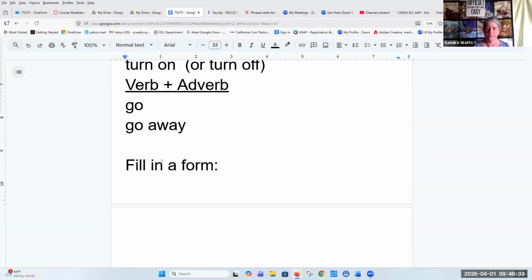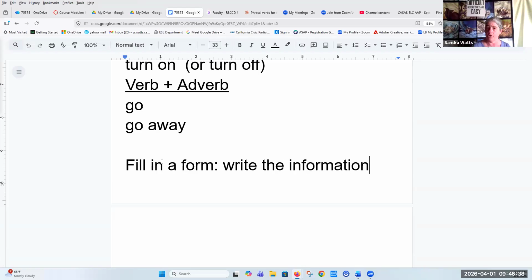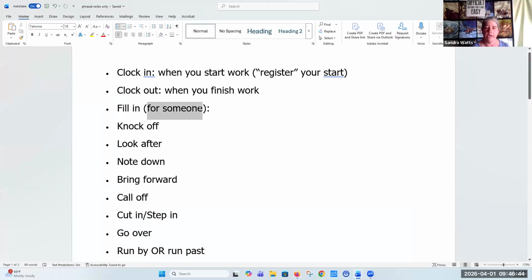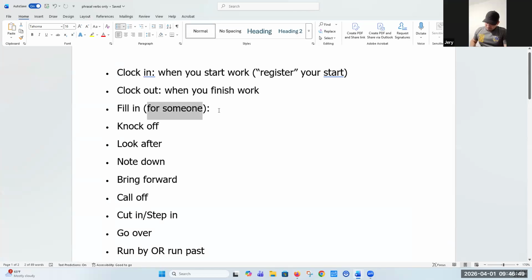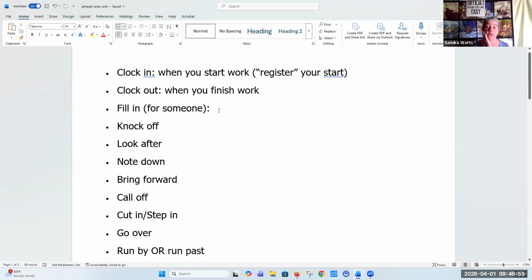Fill in a form is to write the information. That's the one you've probably seen before. But if we're saying fill in for a person, that's different. If I say today I'm filling in for another teacher, anybody ever heard that one?